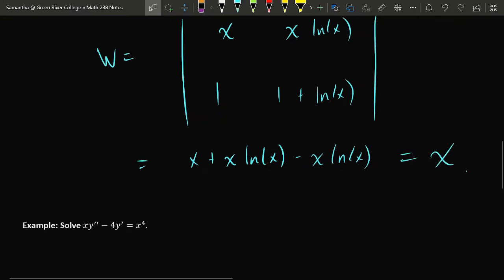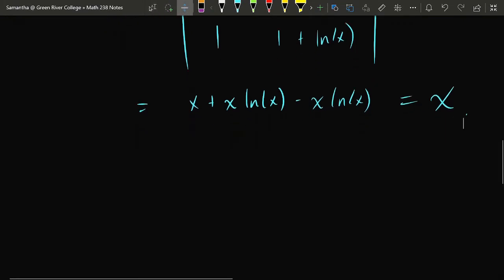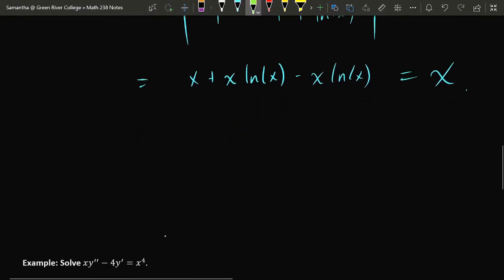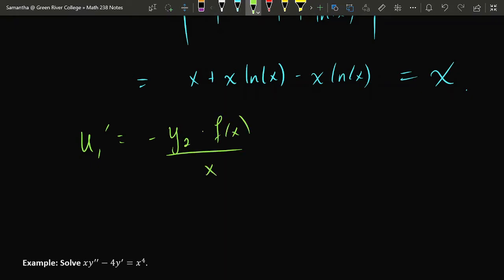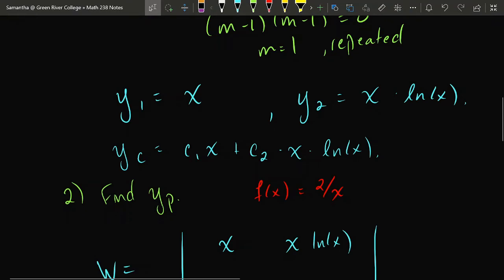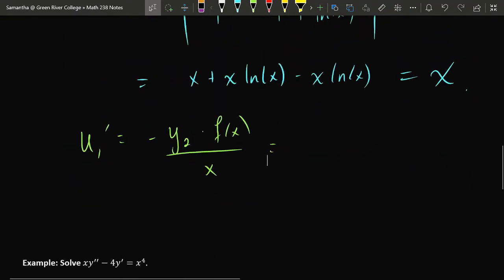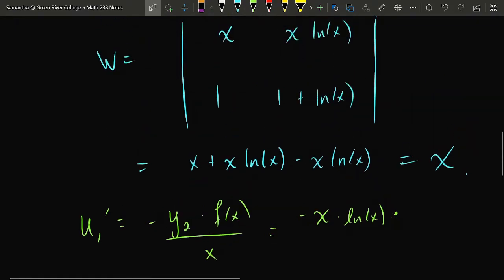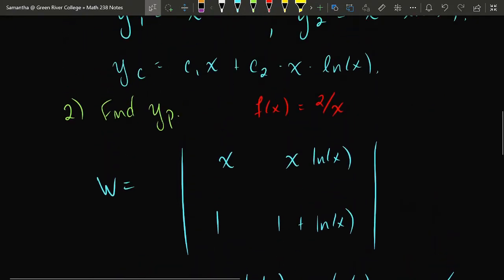Now we have everything that we need to assemble our formulas for u1 prime and u2 prime. u1 prime was equal to negative y2 times f of x divided by the Wronskian. Now y2, let's recall, was equal to x times natural log of x. We found that our function f of x, after rewriting our differential equation in the correct format, was equal to 2 over x.